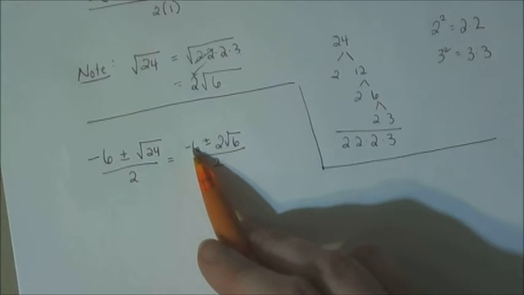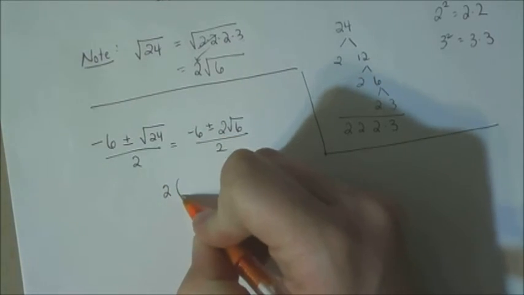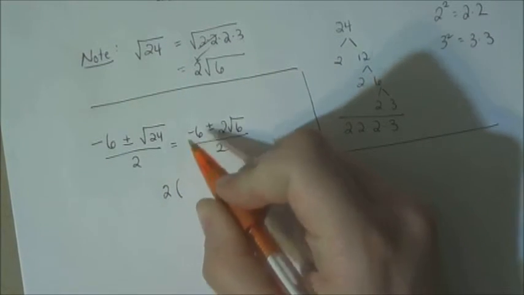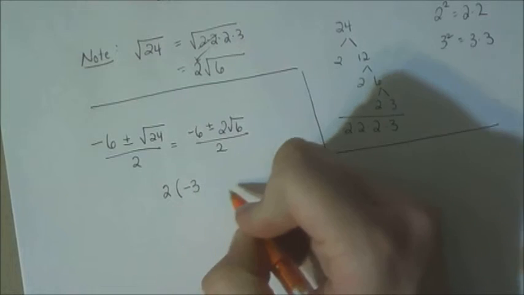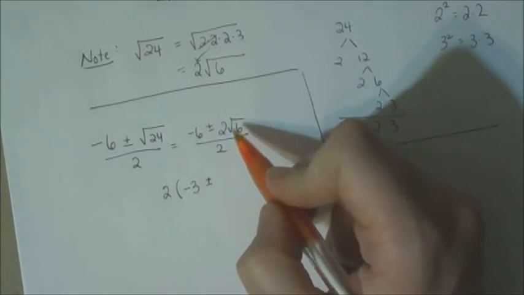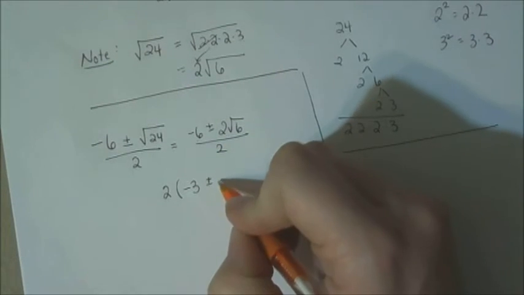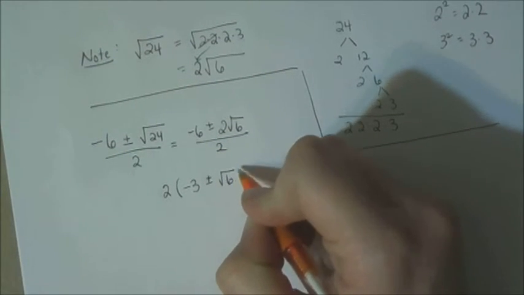And here, a 2 can factor out of this -6. So I get 2, and -6 divided by 2, I'm left with a -3. Then I still have my plus or minus, and my 2 I can factor out, and I'm just left with a square root of 6.